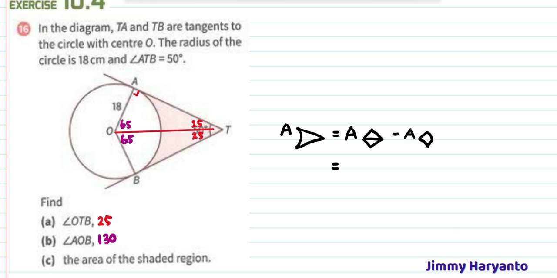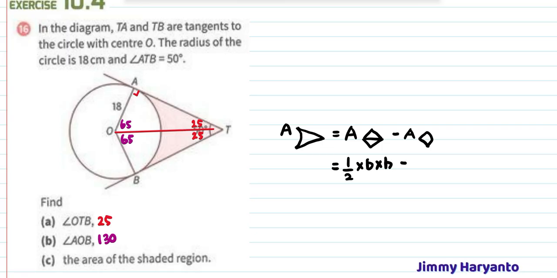Okay, so this is two triangles, which is half times base times height. You will, wait. No, we have to find the AT first. My bad. So let's stop right here first. Let's try to find AT first.